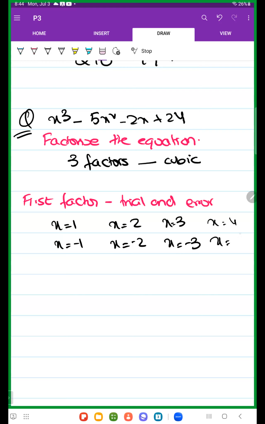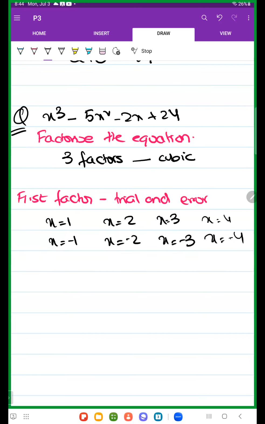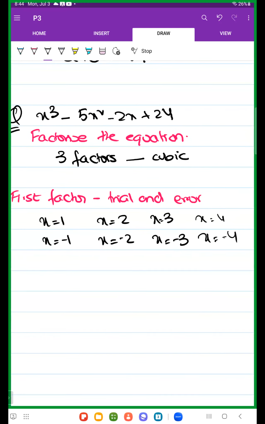Okay? All right. Let's try to do this. Plug in these values and see which is giving you 0. Just go by the order, okay?